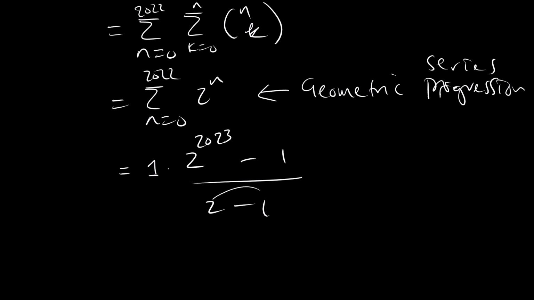And so this denominator becomes 1, and so we have 2 to the 2023 minus 1 as our answer.